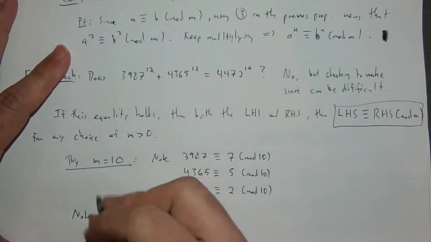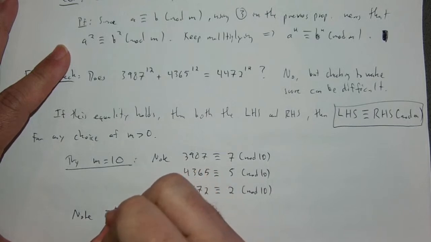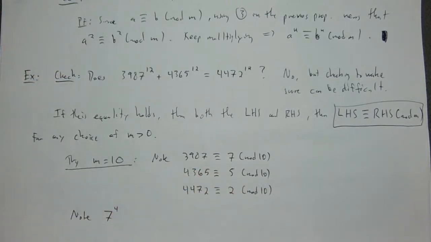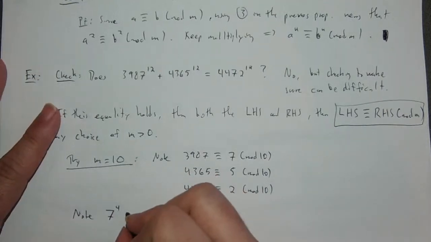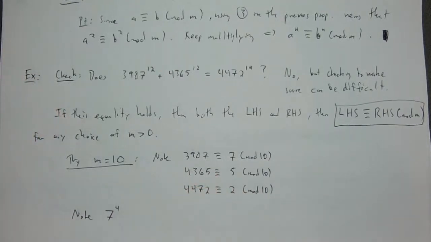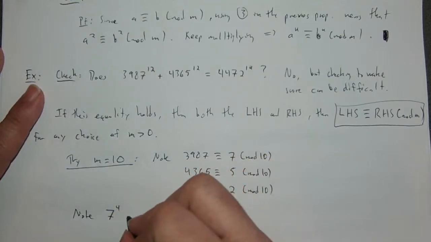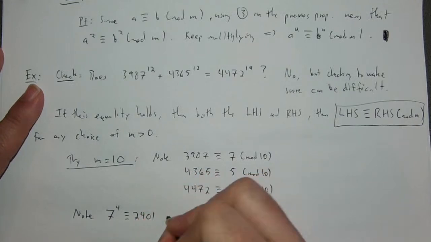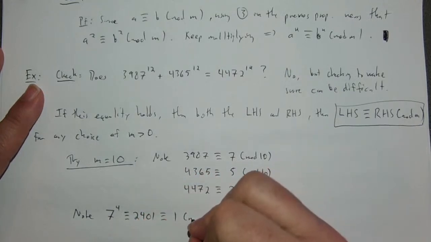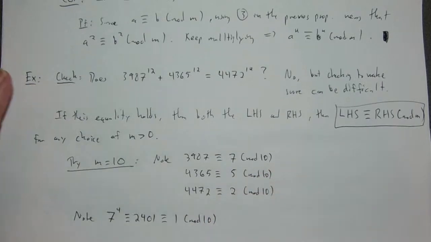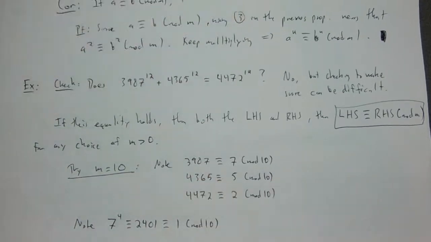Okay. So note that there's no trickery here. I'm actually just going to do this by hand. So what is 7 to the 4th? 7 to the 4th is 7 cubed, which is 343, times 7. So that's 2401. Right, so this is actually equal to 2401, which is congruent to 1 mod 10. Okay. And so what do I do here?